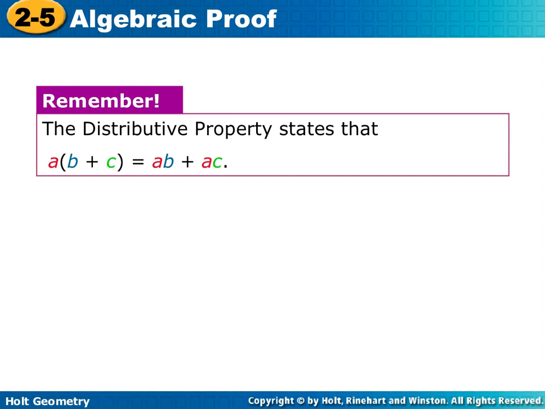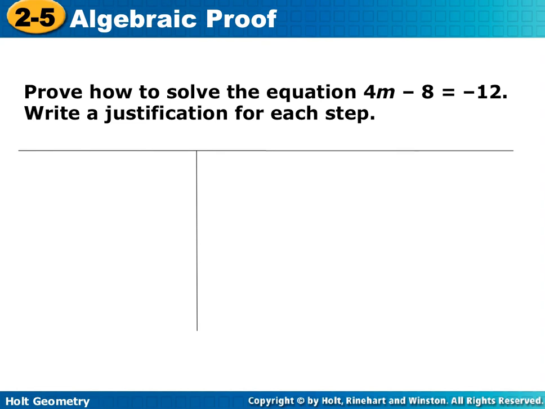All right, some sample problems. So this is what we're going to try and do. We're going to try and prove, which means we're going to go step by step and support each idea along the way. Prove how to solve the equation 4m minus 8 equals negative 12. And we're going to write a justification for every step. Okay, so down in your sample space that you have at the bottom, you might just keep it on the left so you have room to do another one on the right.